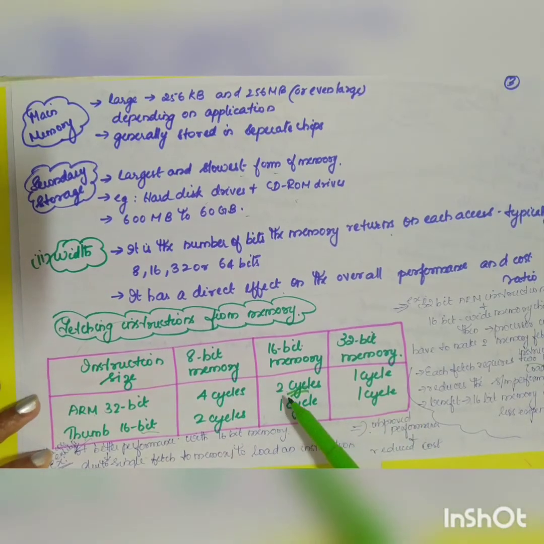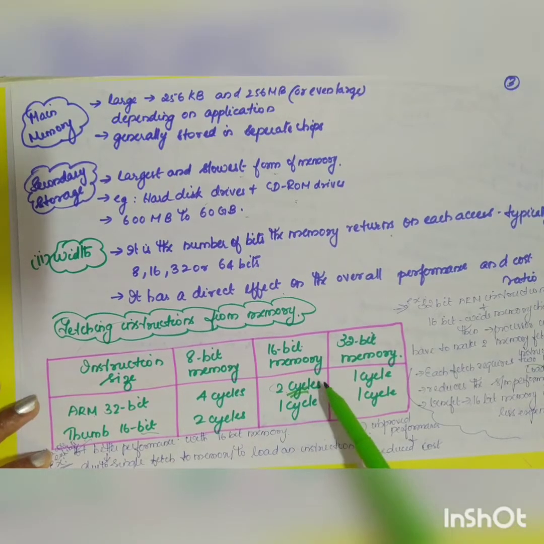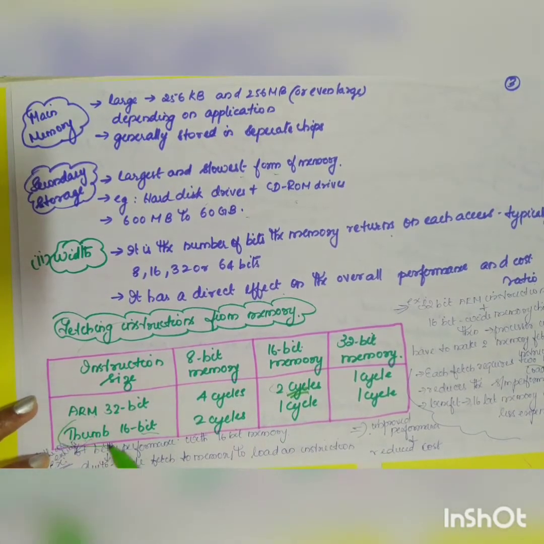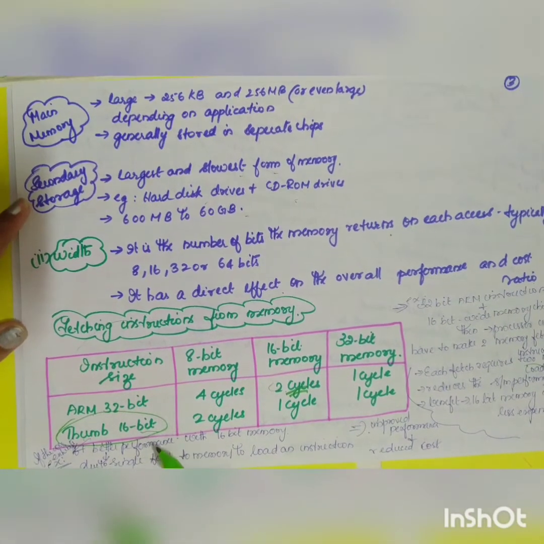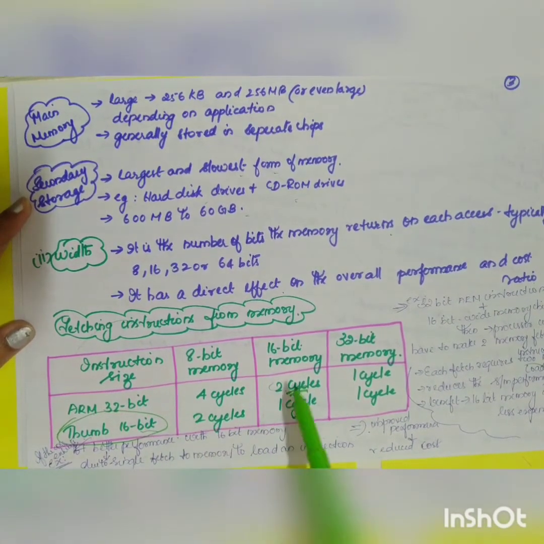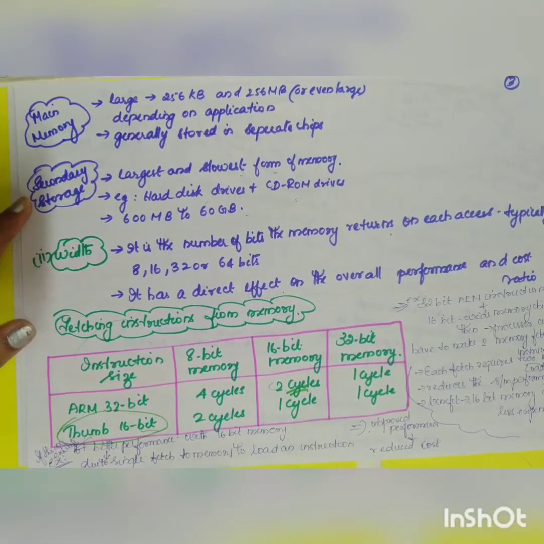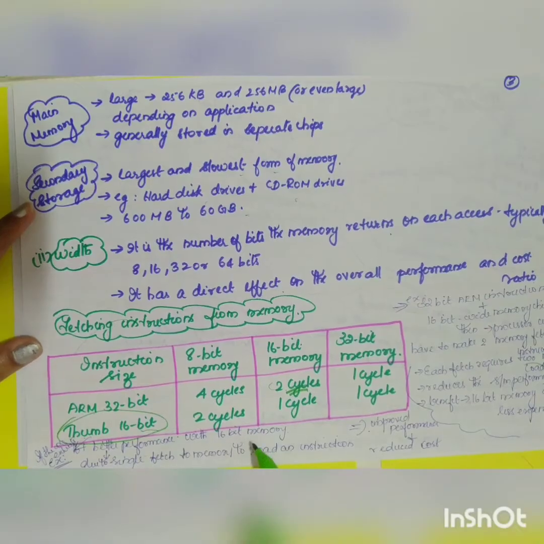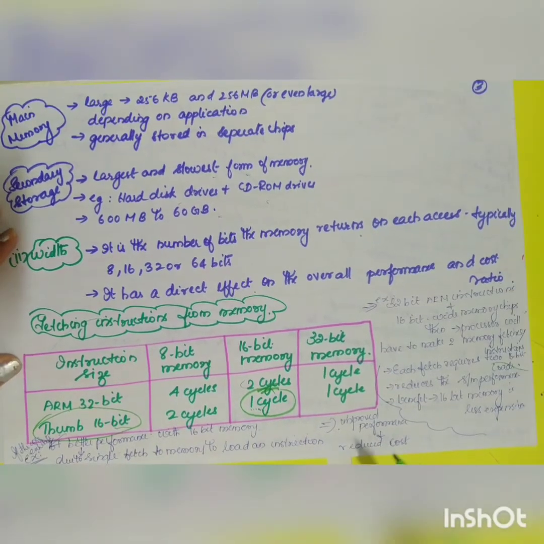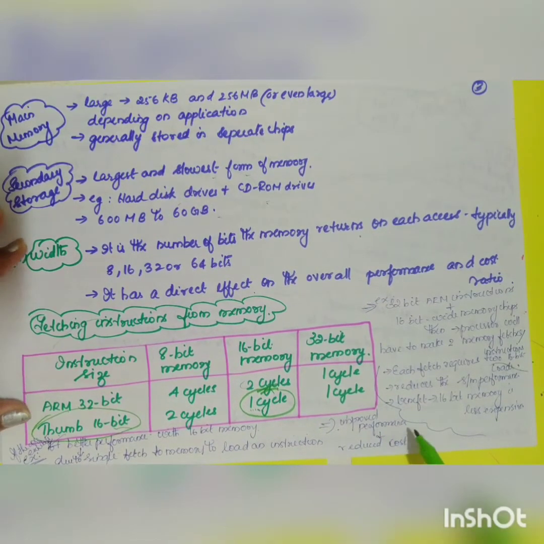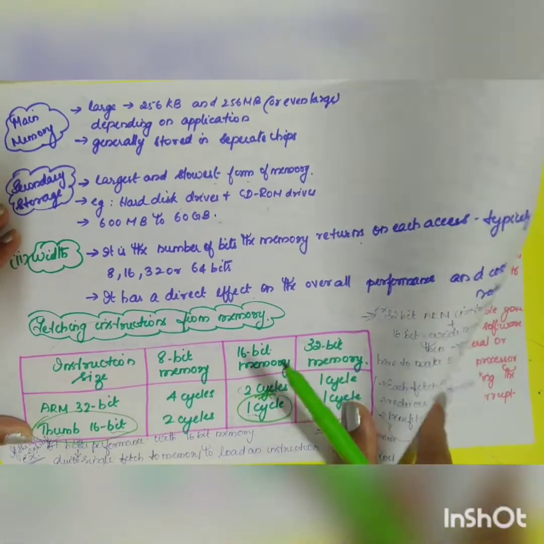The benefit is that the 16-bit memory is less expensive. Whereas in the second case, the core is using a Thumb 16-bit instruction with 16-bit memory, which gives better performance. The reason is that it uses only a single fetch to load an instruction. It gives improved performance and reduced cost.